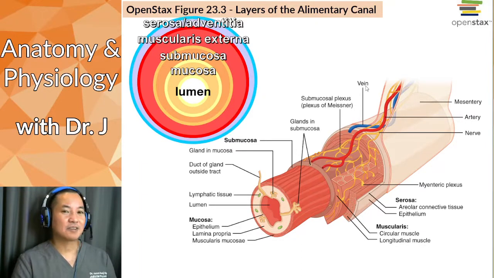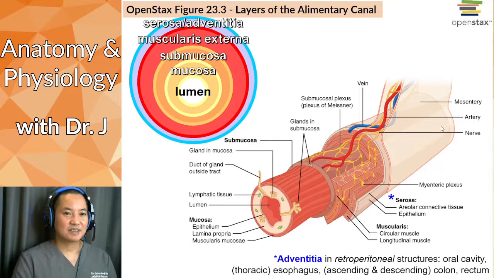And then you have an outer layer called the serosa or adventitia, depending on which organ, but also which part of which organ you're at in the GI tract. So I'm putting a little asterisk here. Serosa is sometimes known as adventitia, and it's adventitia in certain structures. The GI tract actually runs in and out of what we call the peritoneum.